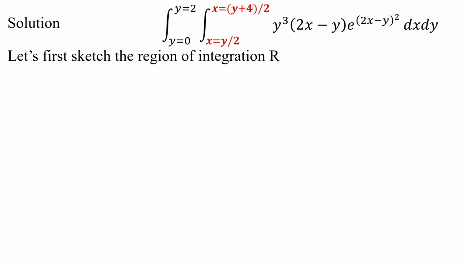So first we sketch the region again to understand how the region is moving. By default, the functions are given in the form of y, so the limits will be x is equal to y by 2 and x is equal to (y plus 4) by 2. So this can be written as 2x is equal to y, and this can be written as 2x minus 4 is equal to y.